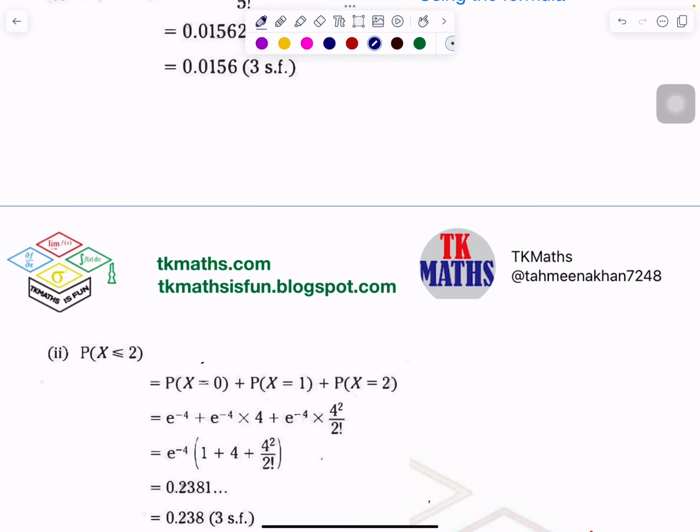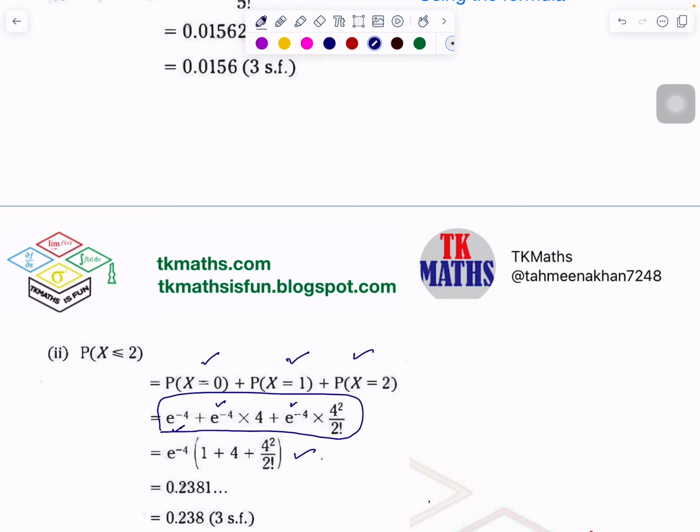See, 0, 1 and 2, and the formula is applied here. By the way, let me tell you one thing here. This is written in this question, but whenever you see a marking scheme, straight away this step is written there. And you can also write it directly, because e to the power minus 4, which is e to the power minus lambda, is common. So you can take it out, right?